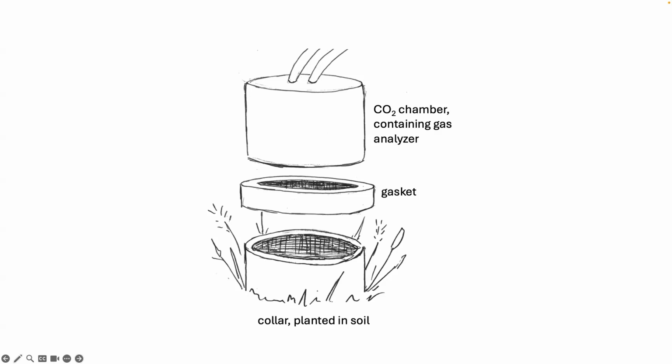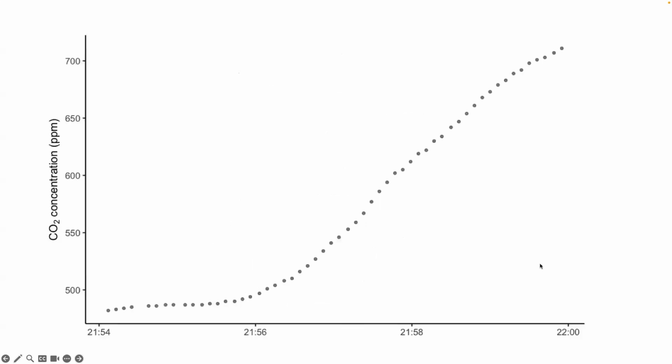And this is typically done with something called a chamber-based method. This is where a chamber containing a CO2 sensor, or being routed to a CO2 sensor using tubing, and a fan is placed on the surface of the soil via a collar, which you might have previously installed in the soil, and a gasket between the two to create an airtight volume inside which you can monitor CO2 as it builds up.